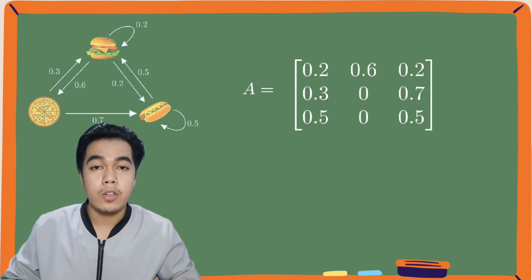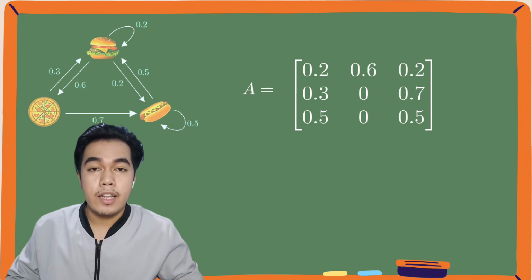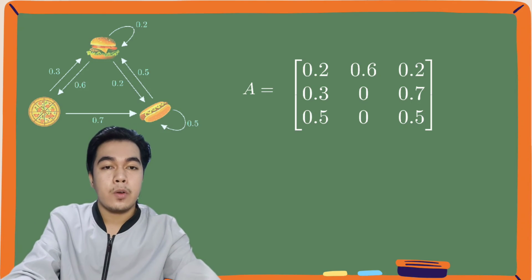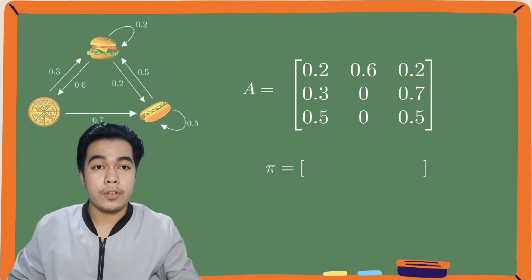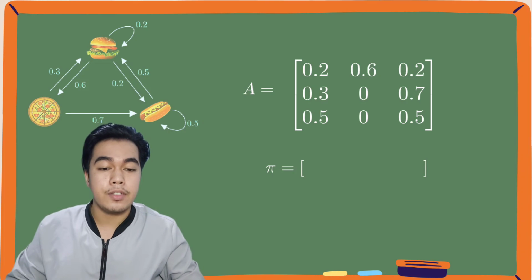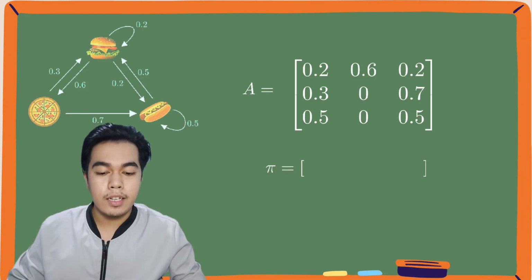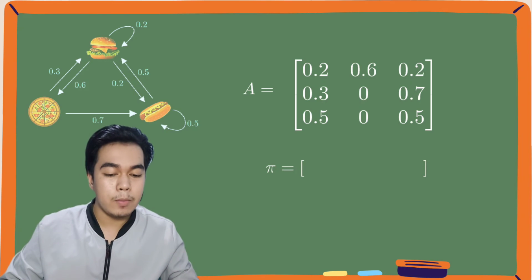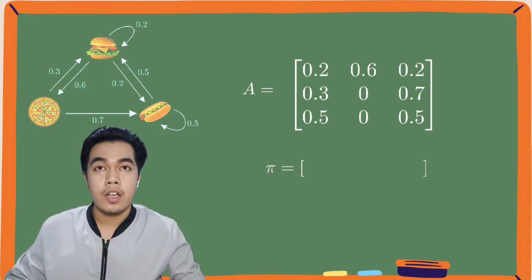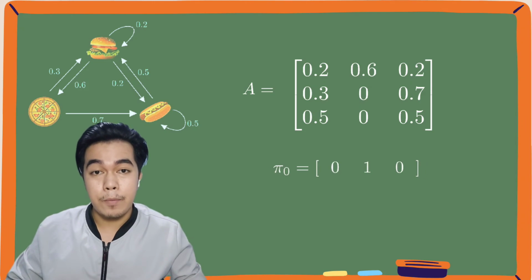Remember that our goal is to find the probabilities of each state. So conventionally, we take a row vector called pi whose elements represent the probabilities of the states. Basically, pi denotes the probability distribution of the states. Suppose in the beginning we are on a pizza day.